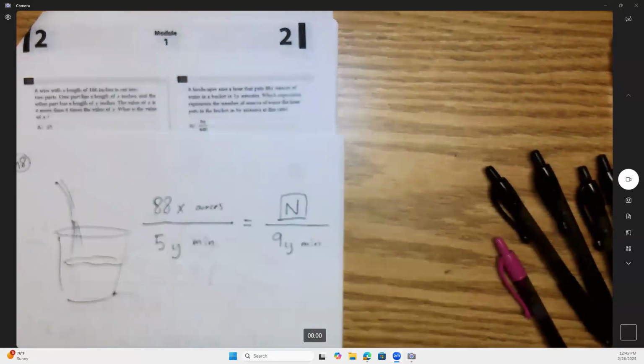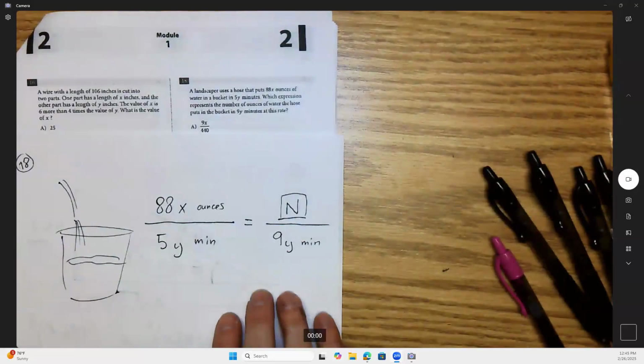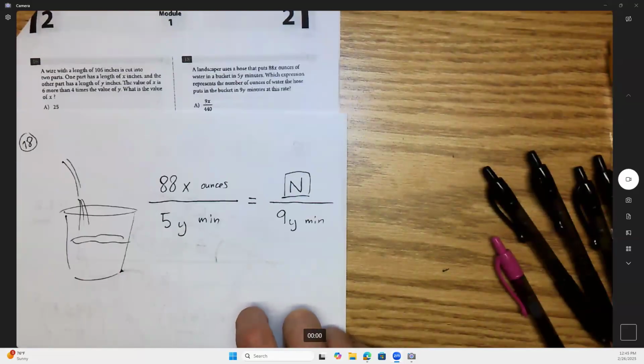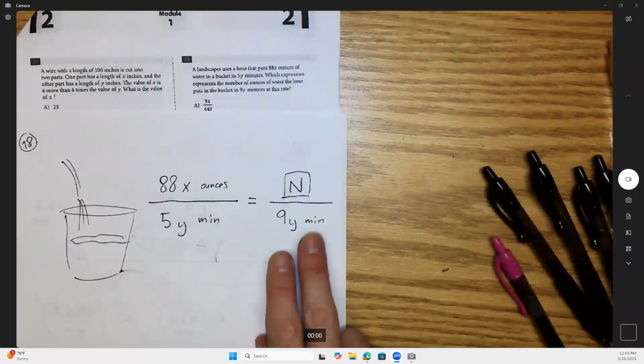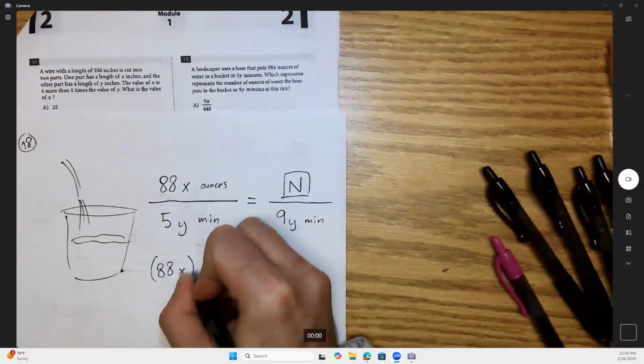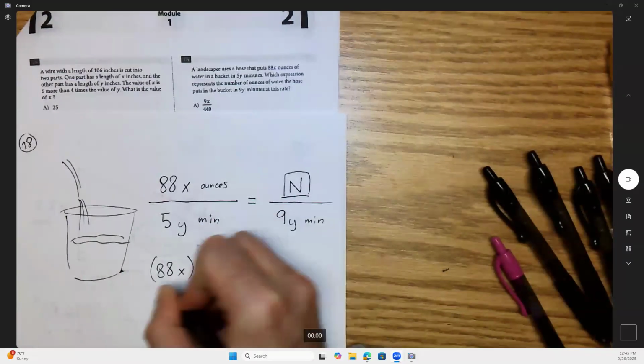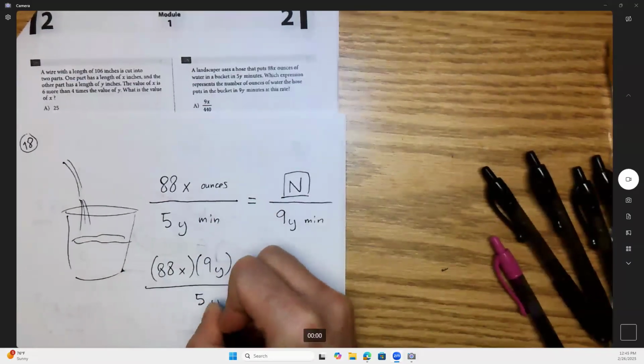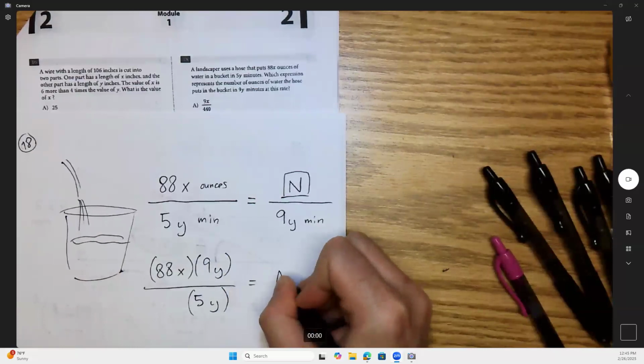We're solving for N. Does everybody see where that proportion comes from? Okay. And how do you solve this? Can I cross multiply the 9y? So that'd be 88x ounces times 9y minutes, all divided by 5y minutes, is equal to N.